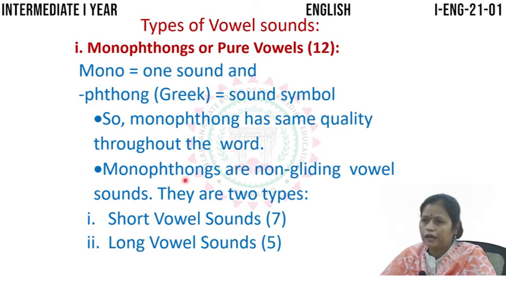That's why monophthongs are also known as non-gliding vowel sounds. Non-gliding means there is no movement from one sound to another sound. That is why they are called monophthongs. And these are again of 2 types, divided as short vowel sounds, which are 7, and long vowel sounds, which are 5 in number.